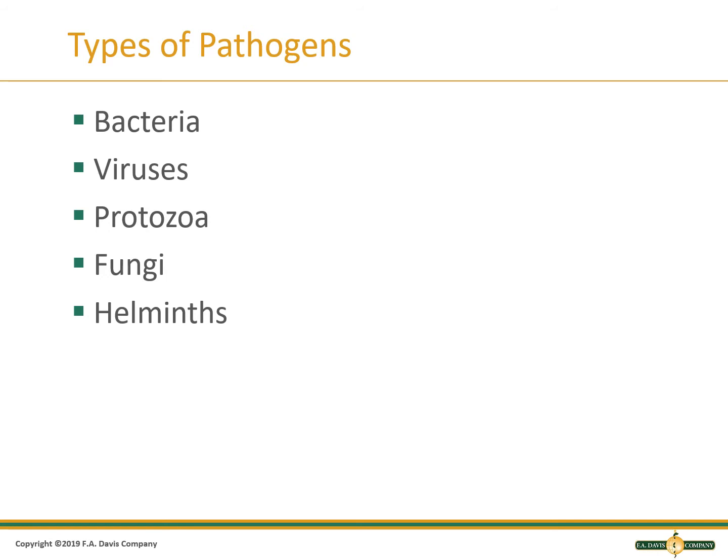However, if these particular bacteria are introduced into the urethra and migrate to the bladder, then they will cause a urinary tract infection. With infections that are caused by bacteria, you will receive an antibiotic, okay?